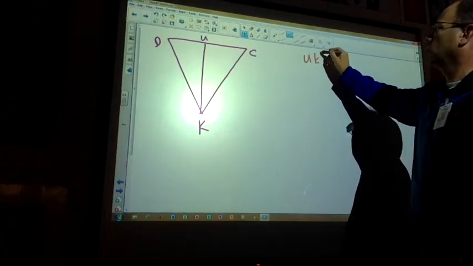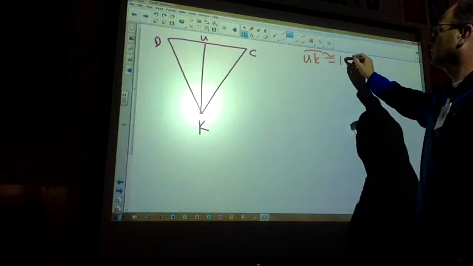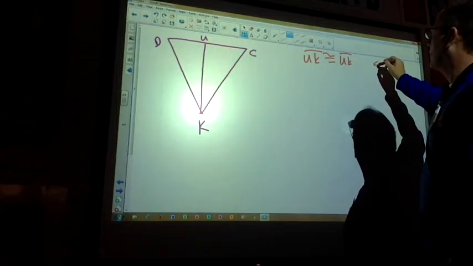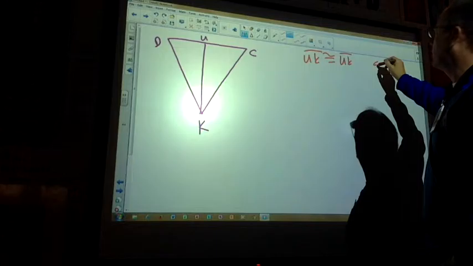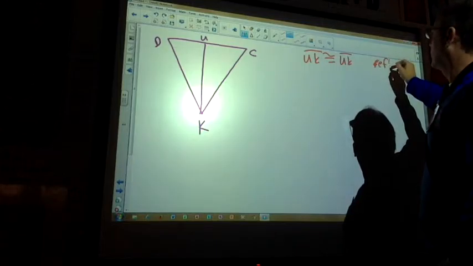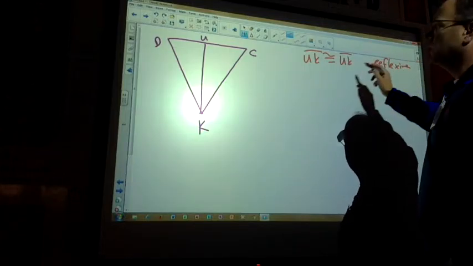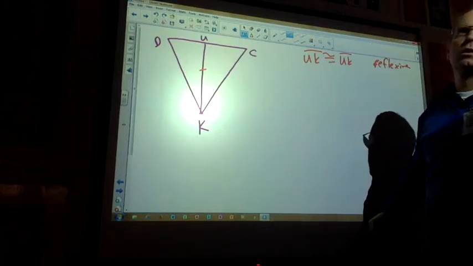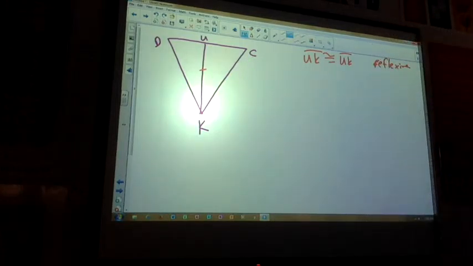Yes, UK is congruent to itself, and that is reflexive, right? So we know this. No, we can't go to UC yet. I haven't put any givens, and I don't know what we're trying to prove.